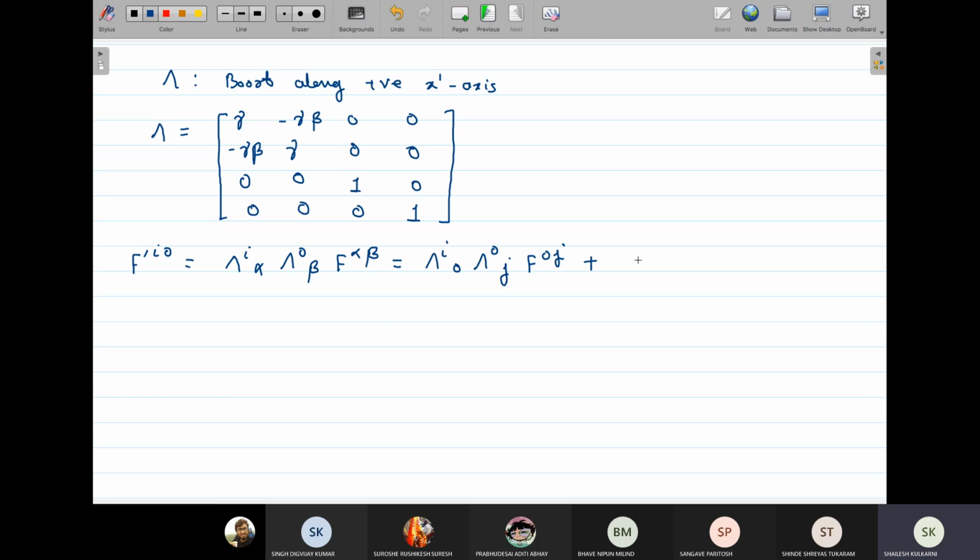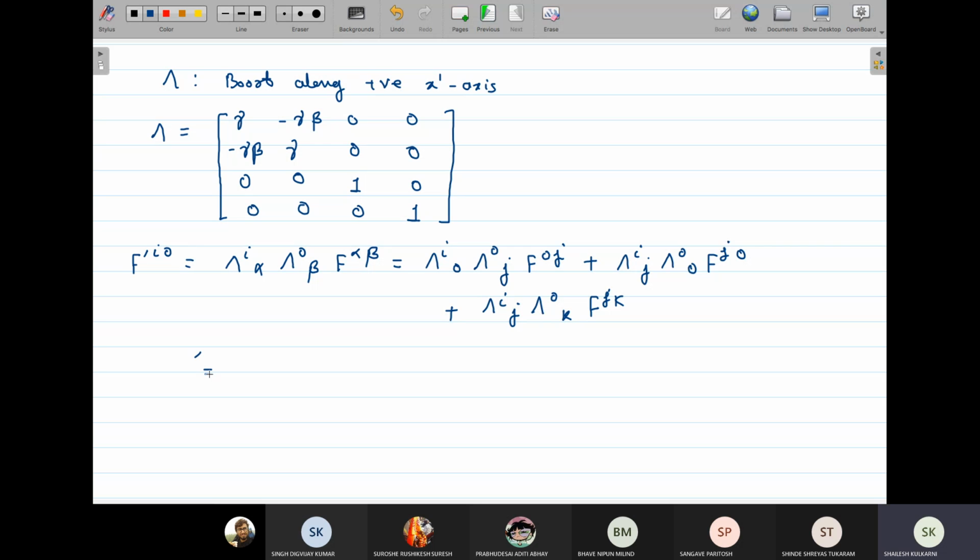Plus lambda ij, lambda 00, Fj0, plus alpha can be any spatial index and beta can be any other spatial index: lambda ij, lambda 0k, Fjk. So we have exhausted all the possibilities. Remember, there is a sum over j and k.